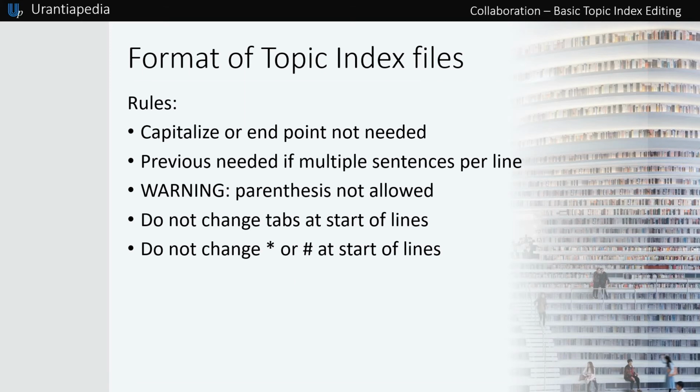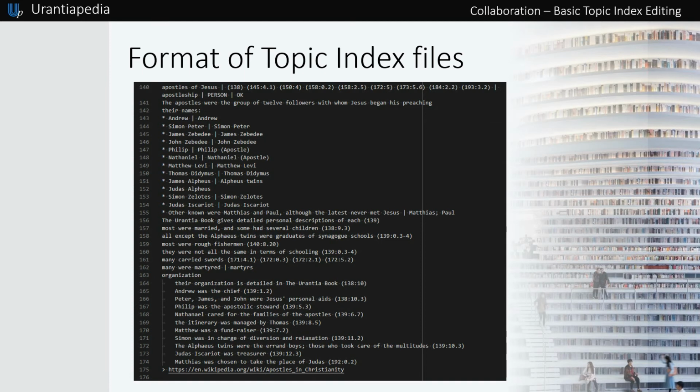Here is an example excerpt of a topic from the file 8.txt. If we look at it, we can see the following important things. It is the content related to the topic Apostles of Jesus. Go to this page to see the result of this text when converted to Urantiapedia.